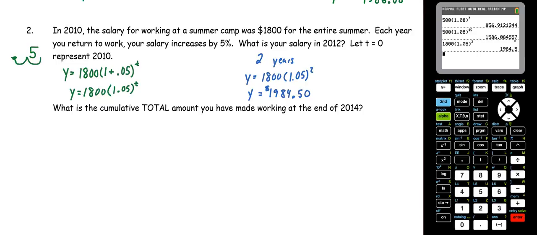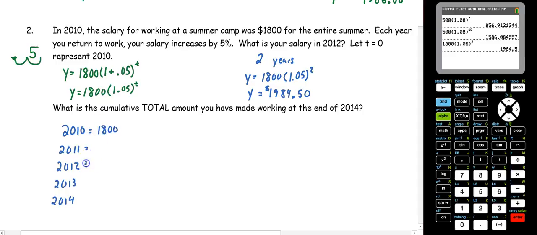What is the cumulative amount of money you would make ending in 2014? So let's say you work at camp for 5 years: 2010, 2011, 2012, 2013, 2014. Well, we already know in 2010 you're going to make 1,800, and in 2012, we're going to make $1,984.50. So we need to find all of our other ones.